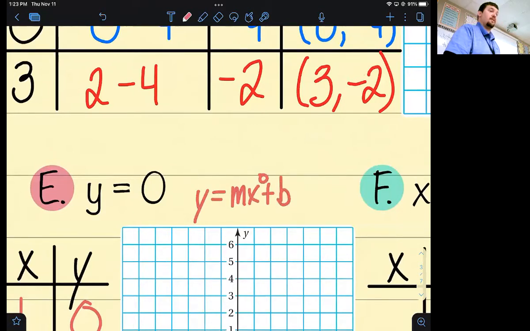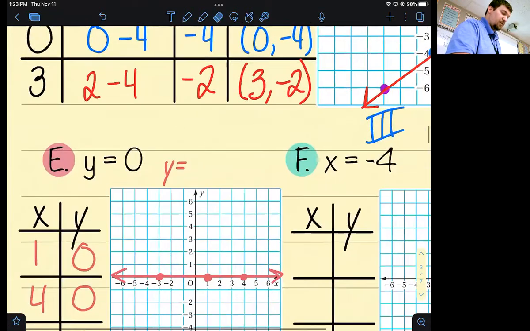Because if the x exponent is 0, that's all gone then. Okay. So whatever's left tells you what the y coordinate is going to be.